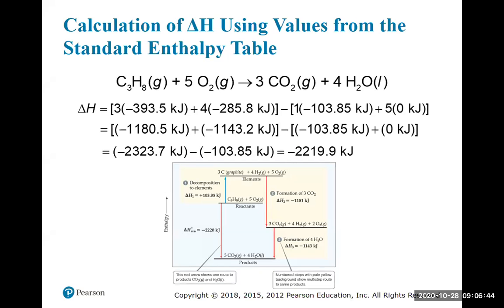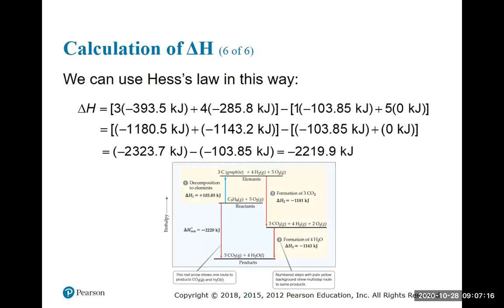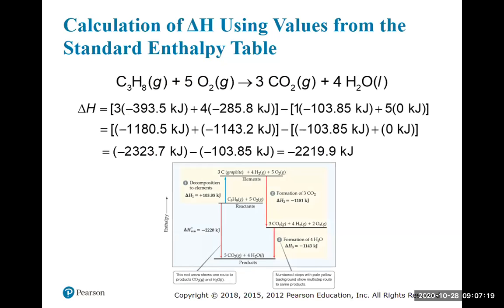And we said before that when the reaction is written a certain way, and if it's a formation reaction, it would be written to make some of these things. So if you write it as propane being formed, but now we don't want propane being formed, we want it going the other way, you'd have to change that sign. By writing the formula this way, products minus reactants, it allows us to change that sign without worrying about it. But that's the reason for that.